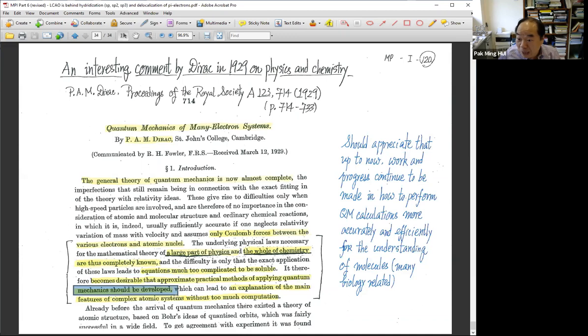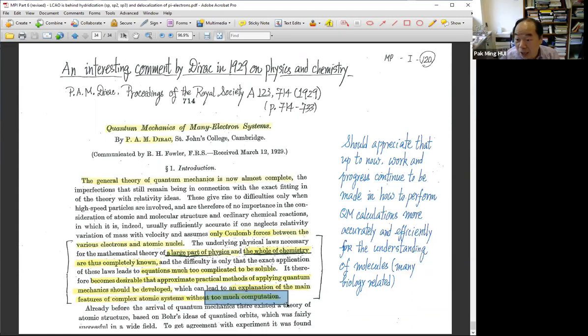This is exactly what we have been doing in this course. Developing approximation and practical methods to apply quantum mechanics to understand atoms and molecules, and derive great insight, which can lead to explanation of the main features of complex atomic systems without doing too much computation.